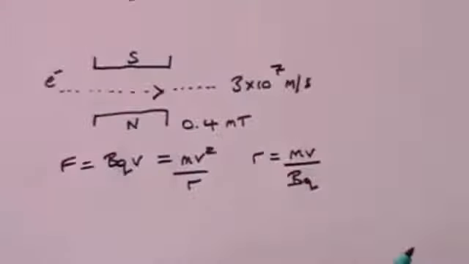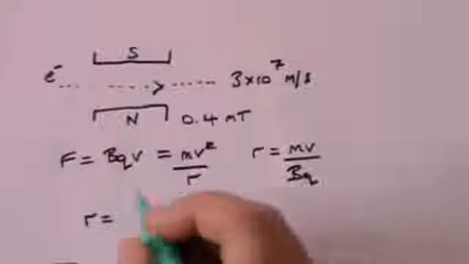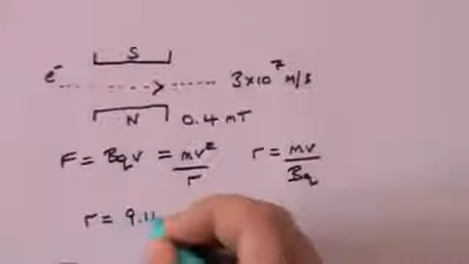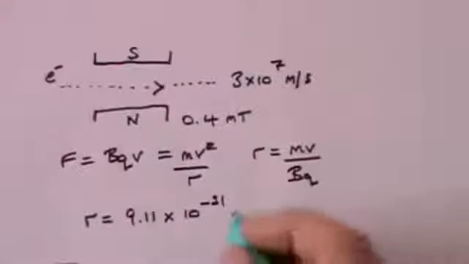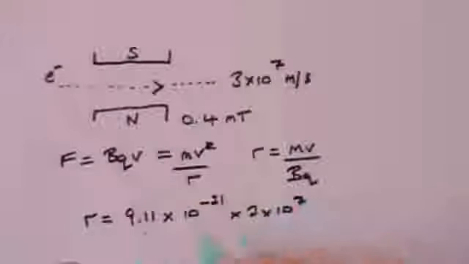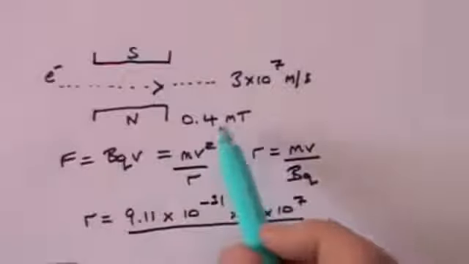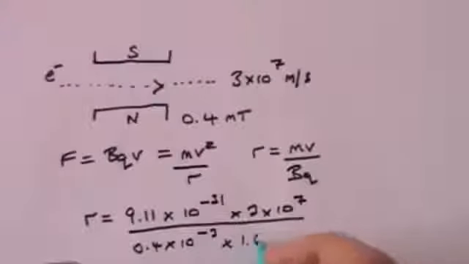If you simply rearrange this formula here, you'll get that r is equal to mv over bq. And now it's just a case of substituting in. You get r is equal to the mass of an electron, which almost certainly you'll be given. It's 9.11 times 10 to the minus 31 kilograms, times the velocity, which we were given as 3 times 10 to the 7 meters per second, divided by the magnetic field, which is 0.4 times 10 to the minus 3 Tesla, times the charge on the electron, which is 1.6 times 10 to the minus 19 coulombs.